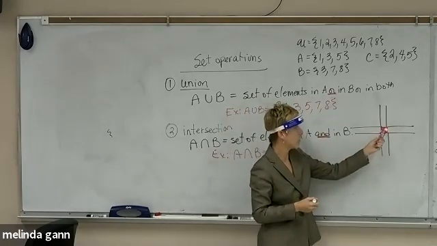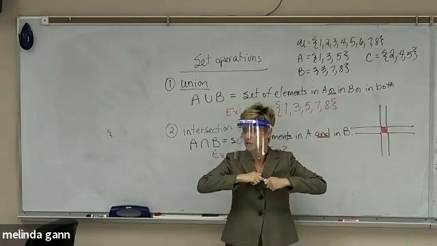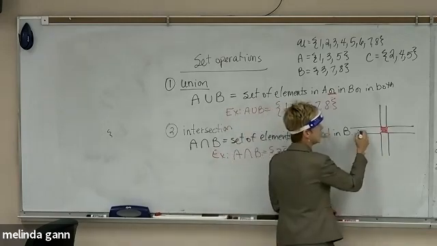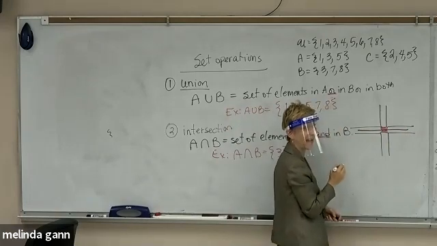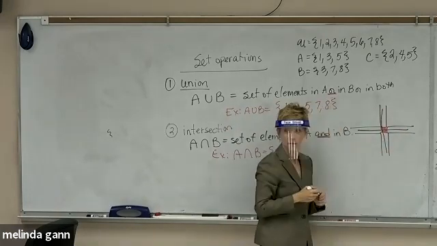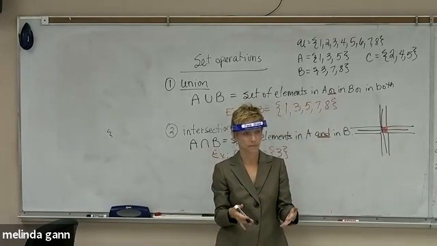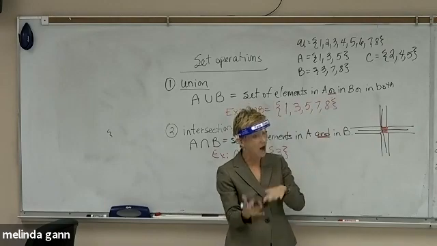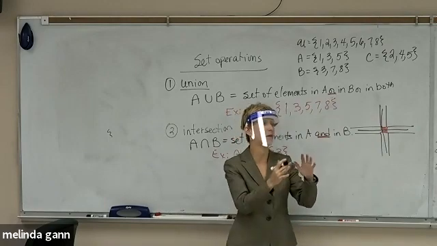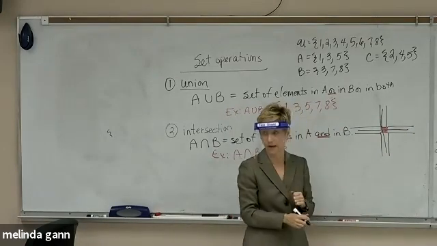Because if you're standing right there, you're literally standing in two places at once. You can say that you're on this street, if you tell them the truth, and at the same time, you're on that street. So do you understand the intersection is where they overlap? So union is all of it, and intersection is what they have in common. Okay? Does that make sense to everybody?